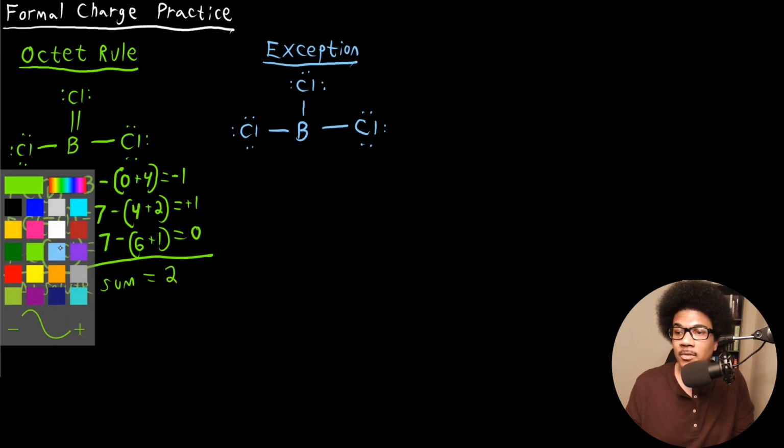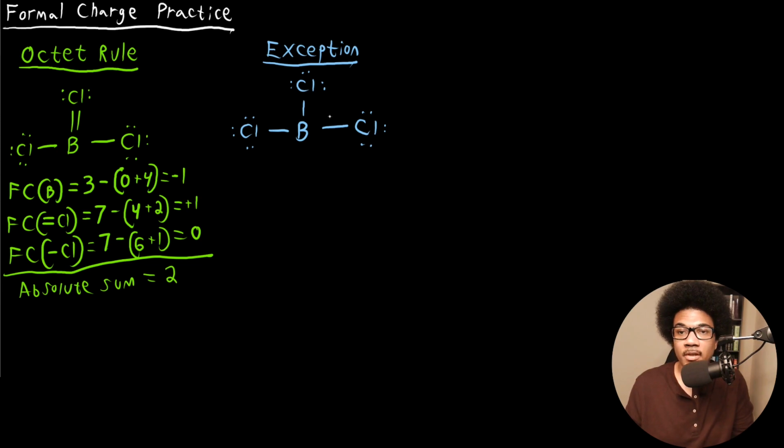Okay, so now let's do the exact same thing with this structure that's an exception to the octet rule. Calculating the formal charge for the boron, we have, again, a characteristic valence of 3, minus, again, we have no lone pairs, so no dots, plus 3 dashes. That gives us a formal charge on the boron of 0. And we only have 1 type of chlorine here, just a single bonded chlorine with 3 lone pairs.